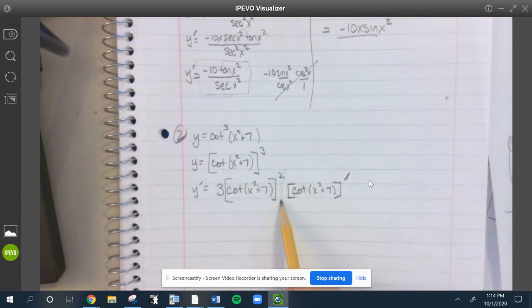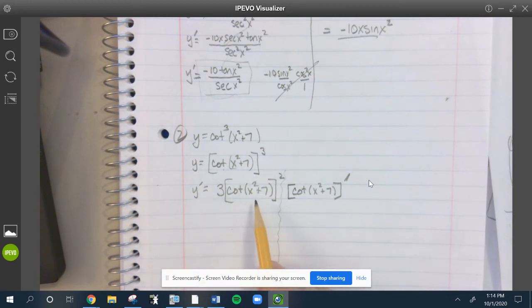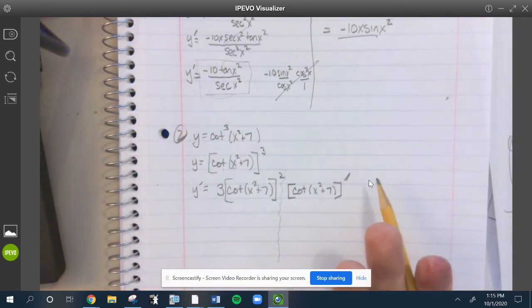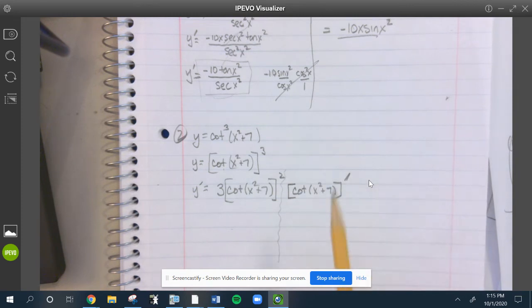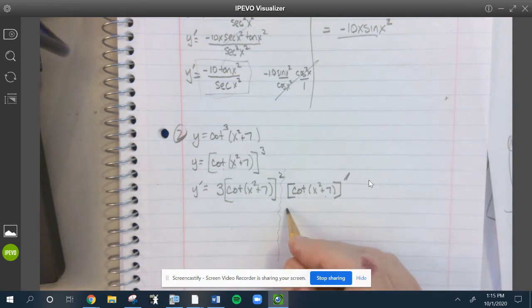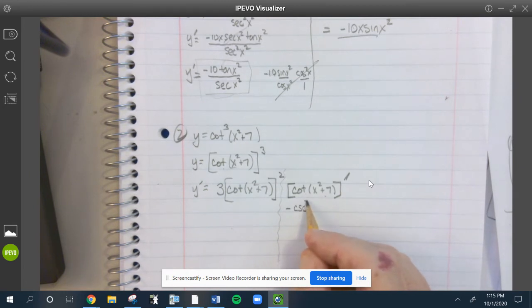So I'm kind of ignoring the other half for now and thinking, well, what's the derivative of cotangent of x squared plus 7? Well, you start all over again. X squared plus 7 is inside the cotangent. So cotangent is the outside function. Therefore, the derivative of cotangent, which you do first, is negative cosecant squared. Leave the inside alone.